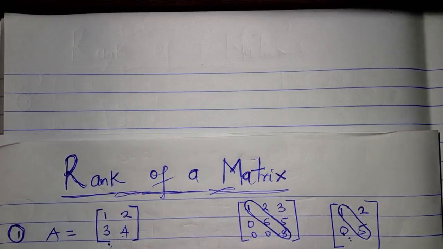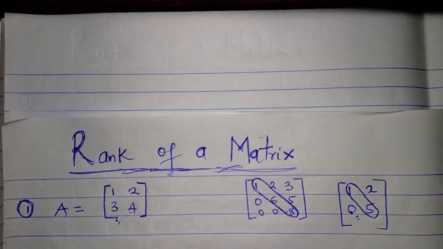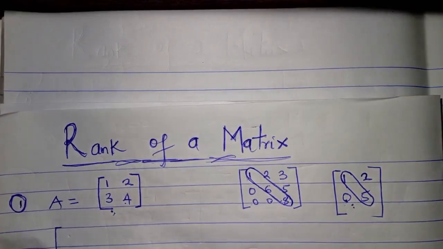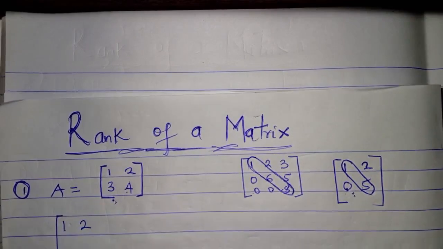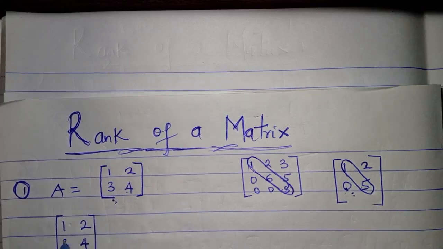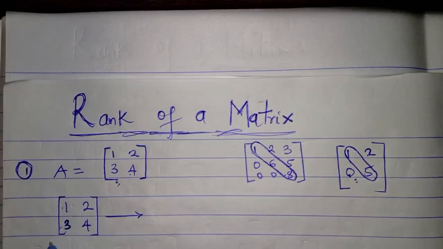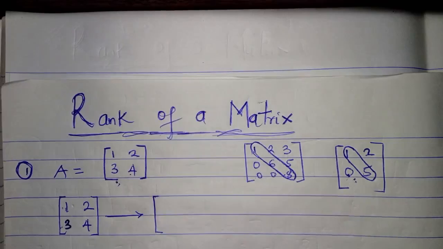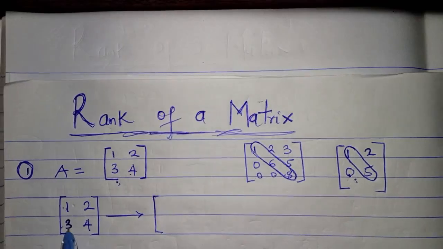Let's perform some elementary row operations to achieve this. This is the matrix A, 1, 2, 3, 4. I want to change this number to 0. That's the first thing, to change this number here to 0. See how I'm going to do it. This is row 1, this is row 2. It means that in the new matrix, this element here will be 0.